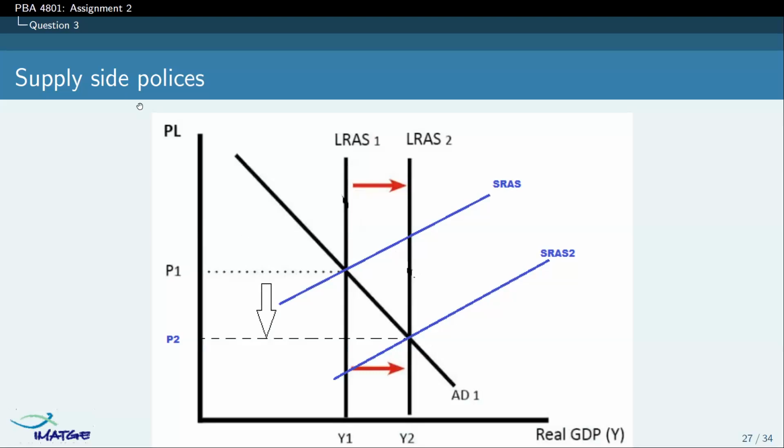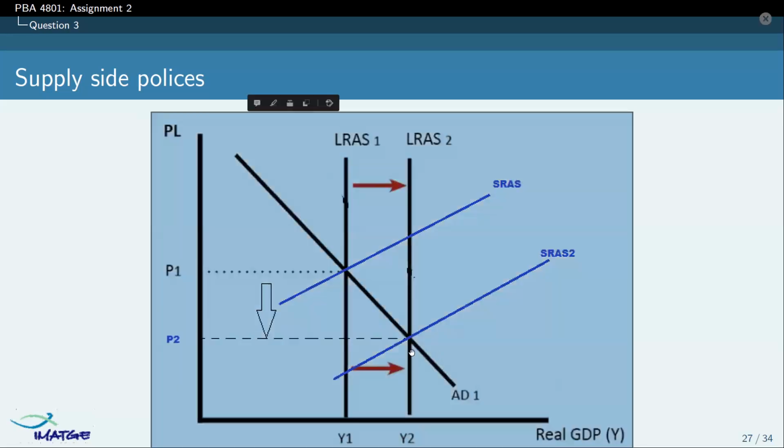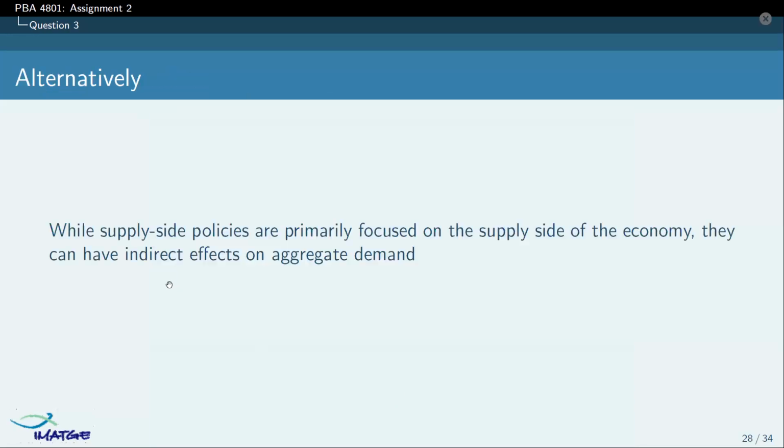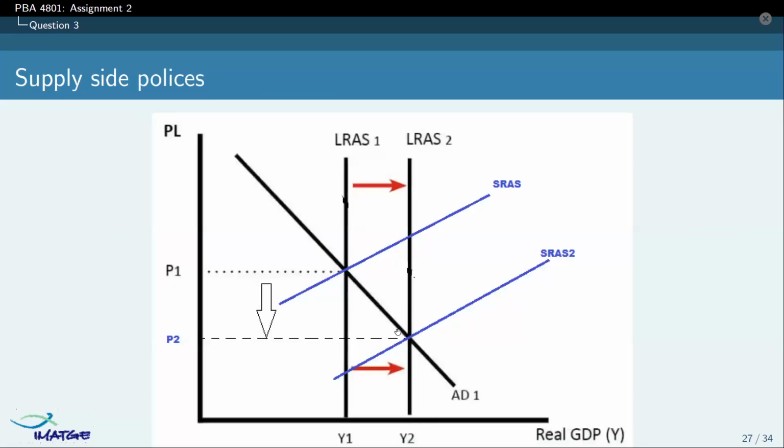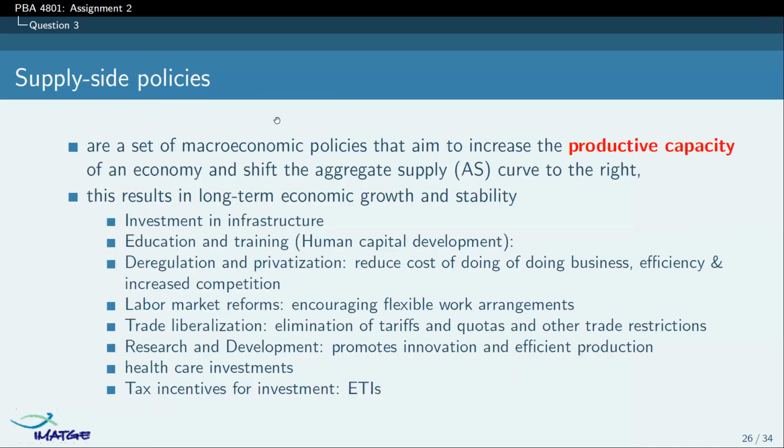Following the implementation of various supply-side policies, which cause the short-run aggregate supply and the long-run aggregate supply curve to shift to the right, to Y2, right? This leads to a reduction in the what? In the price level and an increase in production.